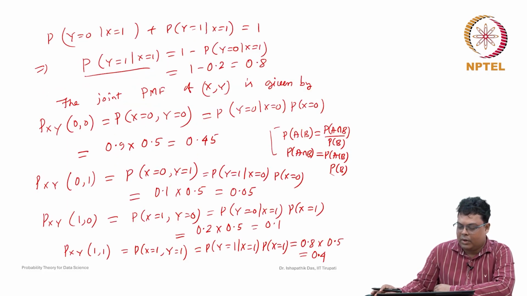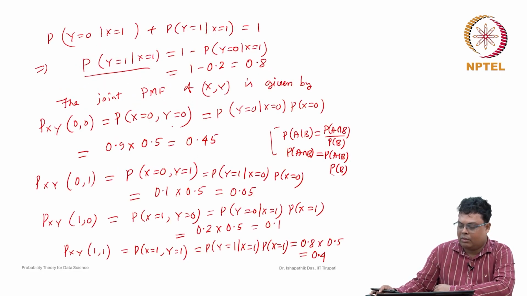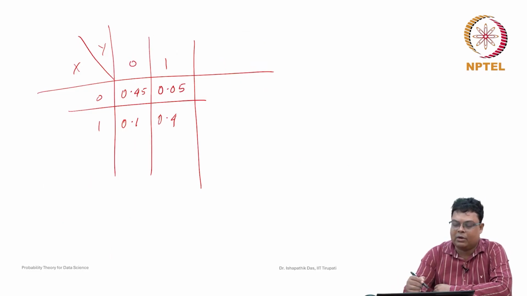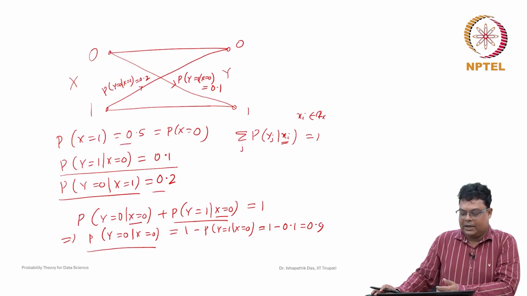And x equal to 1, y equal to 1 has probability 0.4. We just represent it in this way for clear visibility.